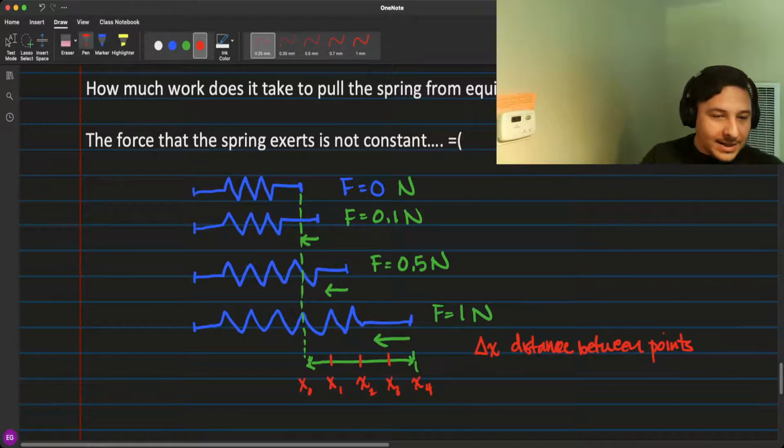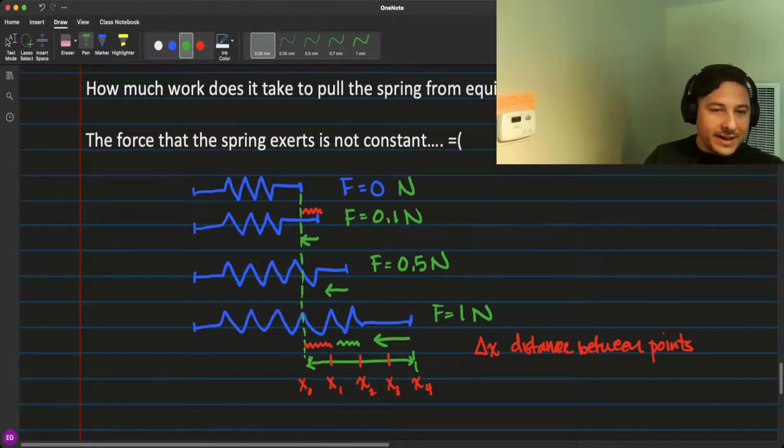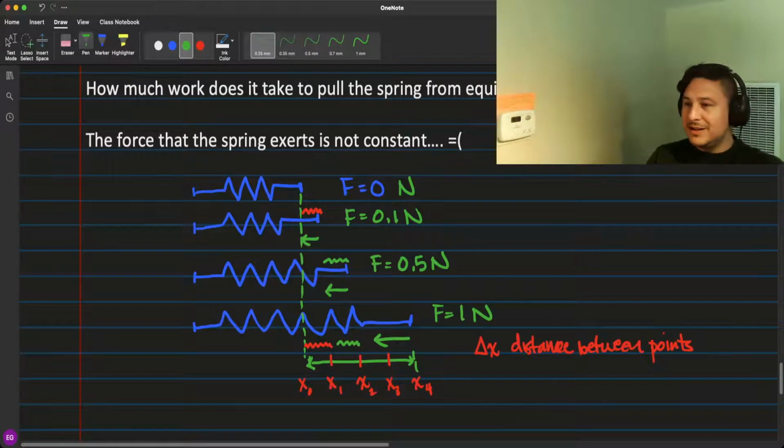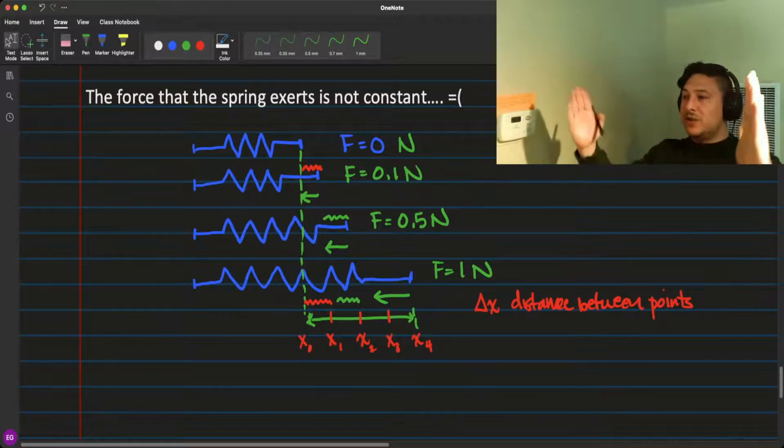So if you look at it, going from x0 to x1, do you see how that's stretching out this first stretch of the spring? Do you see how that distance x0 to x1 is basically that first stretch right there? And then going from x1 to x2, do you see how that was basically the second stretch? So the idea here is that you can break this down as a sequence of stretches.